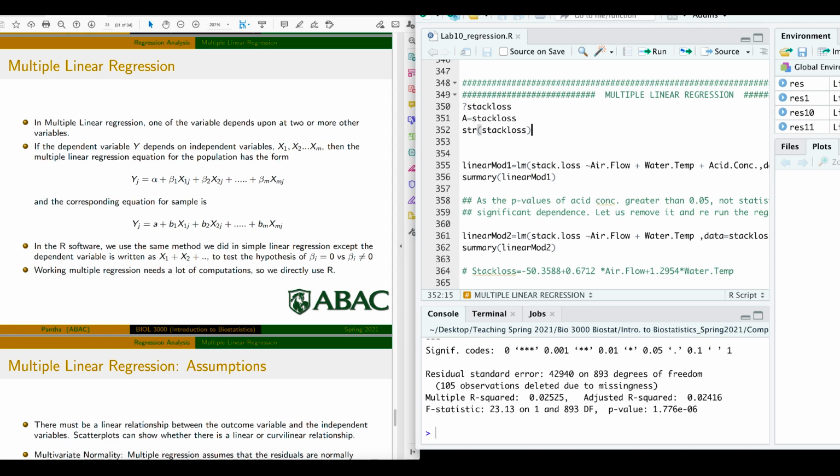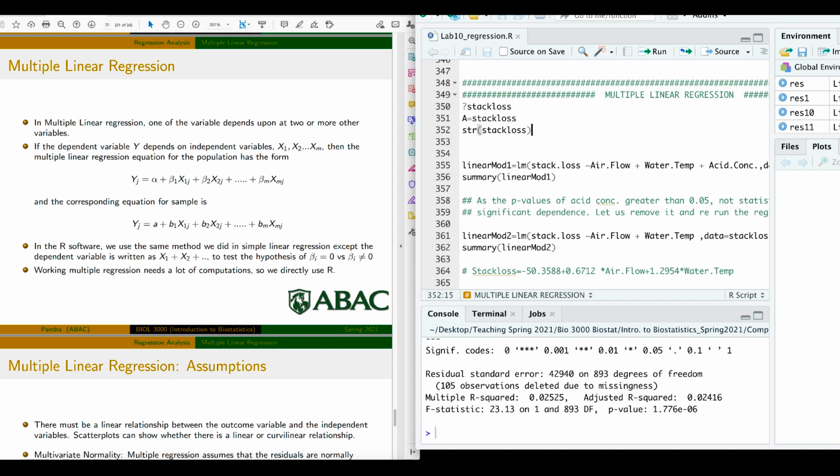Hi, in the last video, I discussed how we do simple linear regression. That means there is one dependent variable and one independent variable. The dependent variable we denote by y, and the independent variable we denote by x. So if there is one dependent variable y and only one independent variable x, that is called simple linear regression.